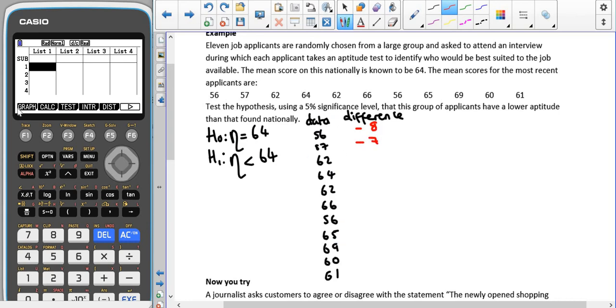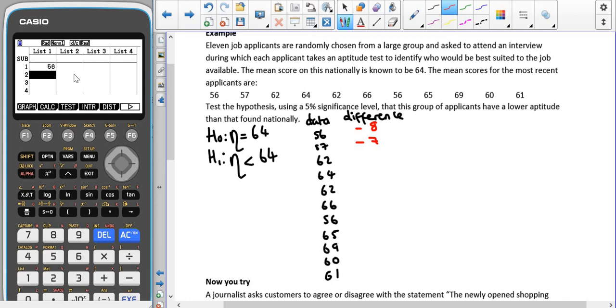If you don't want to do it all in your head, you could use the normal calculator bit of your calculator. Or, as shown in the sign test video, we can get our calculator to do it in the statistics function. So we're going to type the data into the calculator.